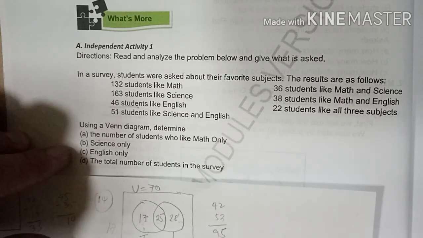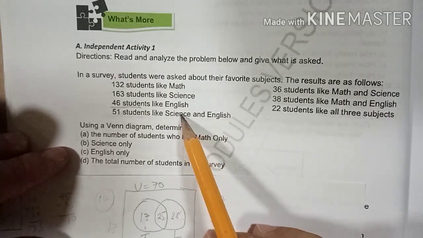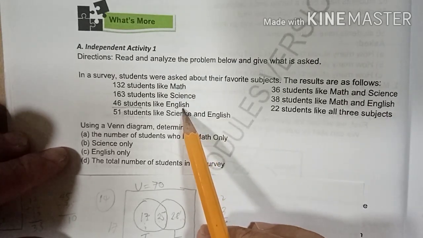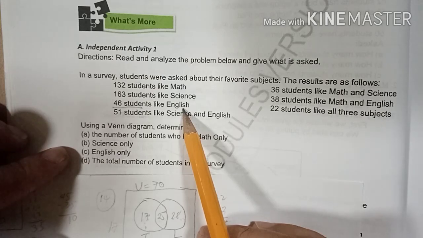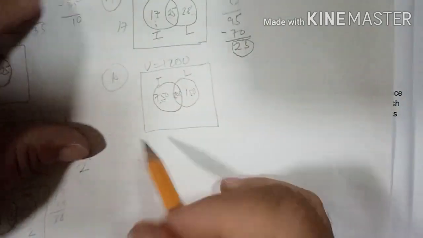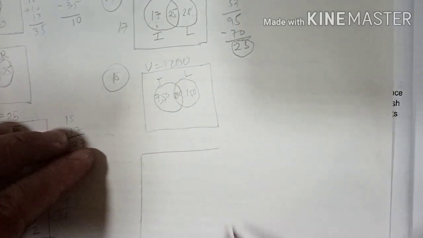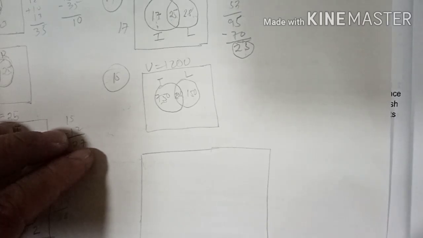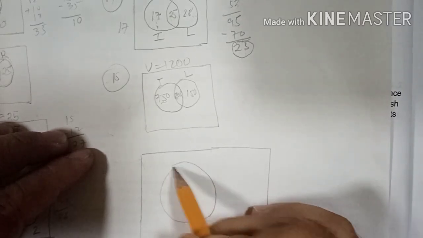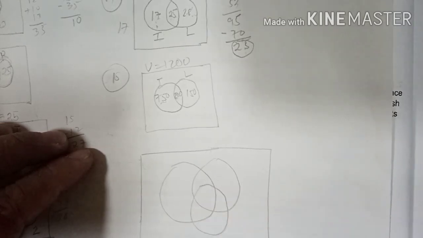Now, how many subjects are involved? We have math, science, English. There are 3. So therefore, how many circles will we draw? There should be 3 intersecting circles. So from 3 intersecting circles, 1, 2, and 3.